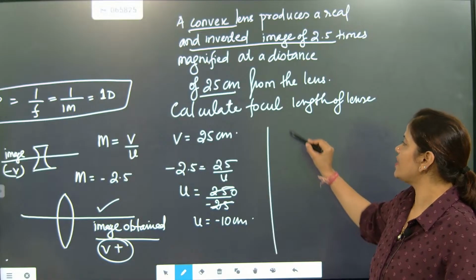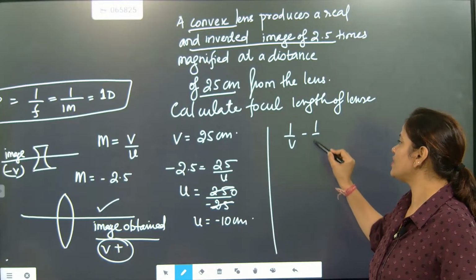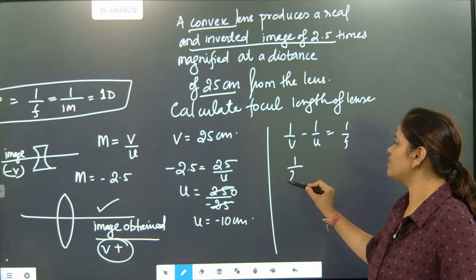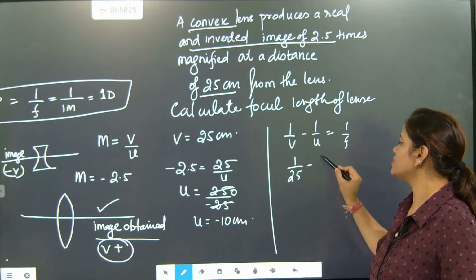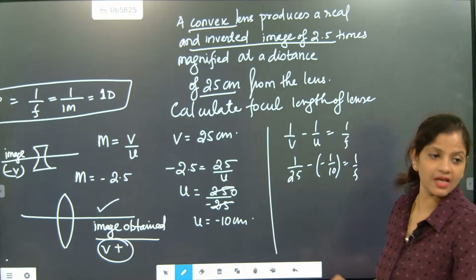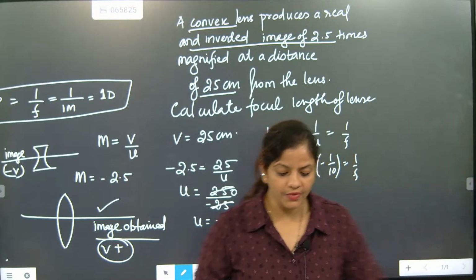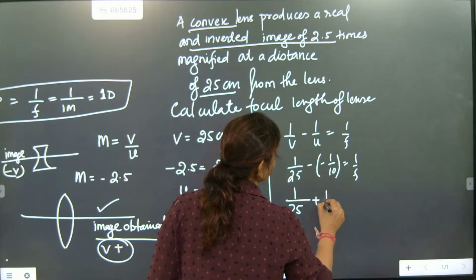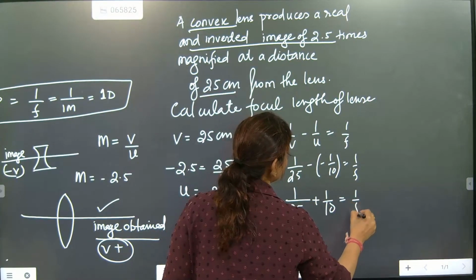So now here, 1 by v minus 1 by u is equal to 1 by f. v is what, beta? 1 by 25 minus of minus 1 by 10 is equal to 1 by f. Understood? So 1 by 25 plus 1 by 10 is equal to 1 by f.